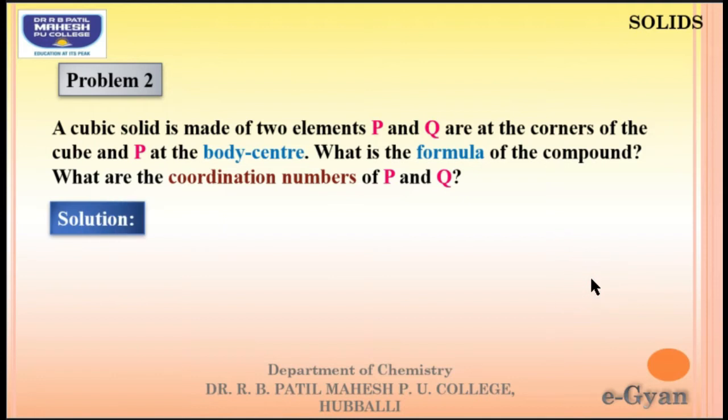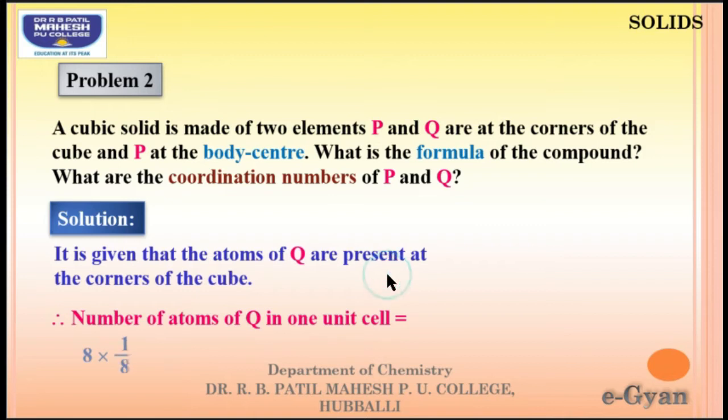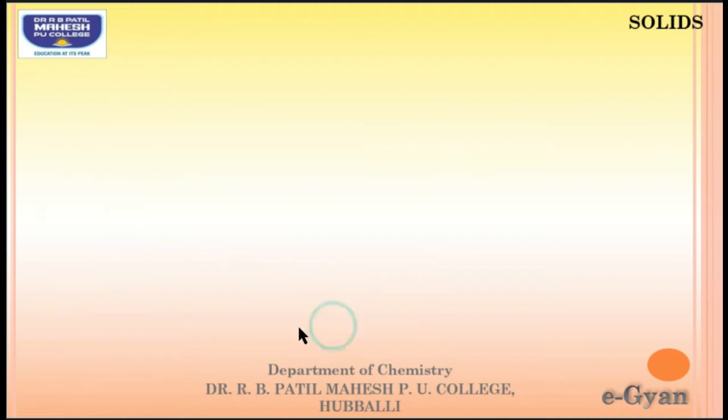What they have given is that atoms of Q are present at the corners of the cube. That is, the number of atoms of Q in one unit cell is equal to 8 into 1 by 8, because whenever an atom is present at the corner, its contribution is 1 by 8. So that is equal to 1.